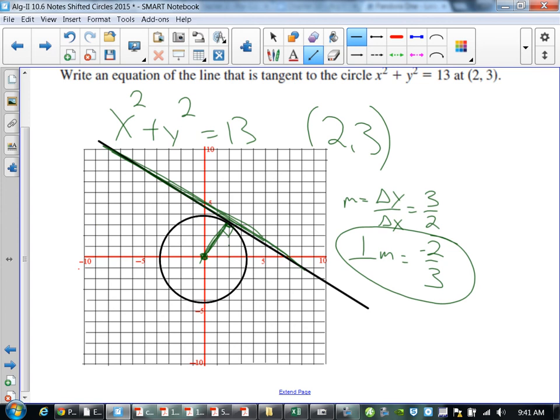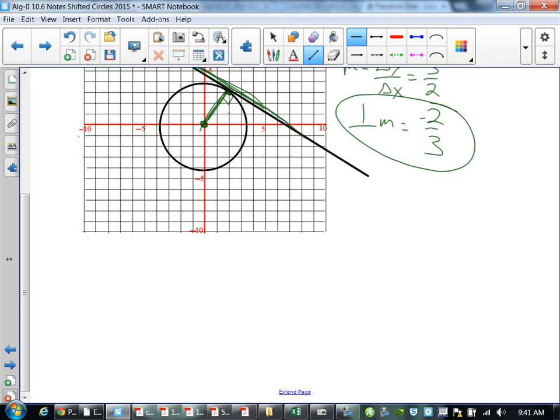Point slope form, very good. See if you remember that. Point slope form is y minus y sub 1 equals your slope times x minus x sub 1. Point slope form is also with an h and a k, in case you didn't know that.